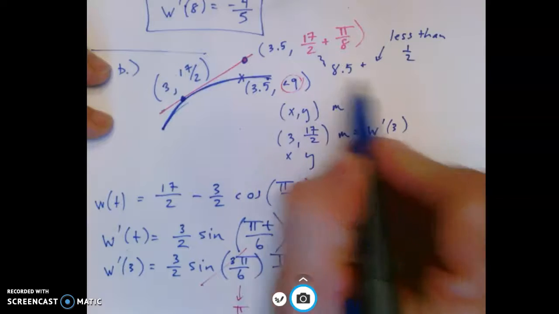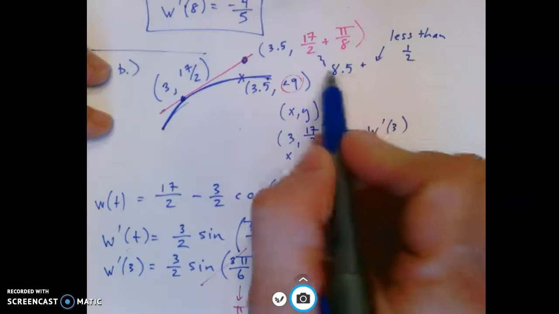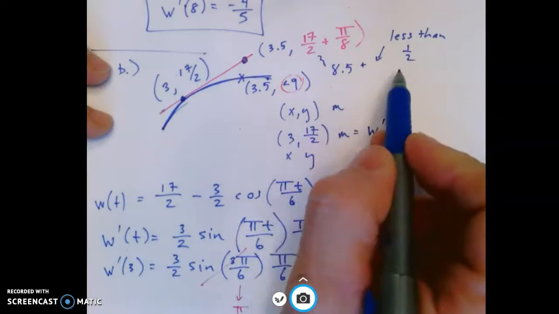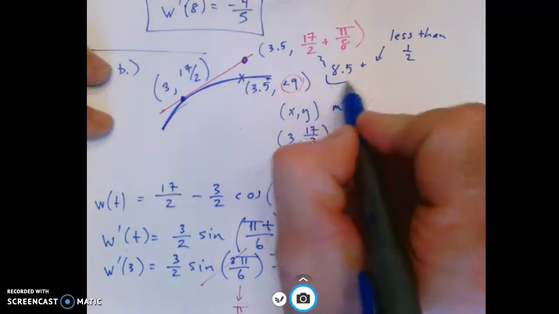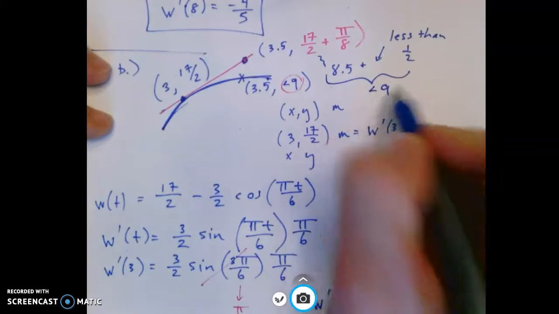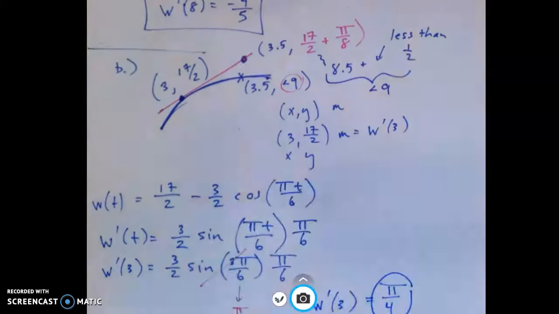So I'm looking at 8.5 plus a number less than 1/2, and I can absolutely verbalize this just like that. Therefore, the whole thing must be less than 9. You absolutely can verbalize that however you want, but just make sure you show your work.